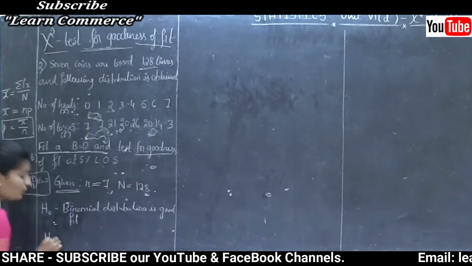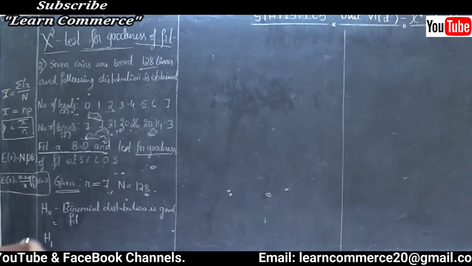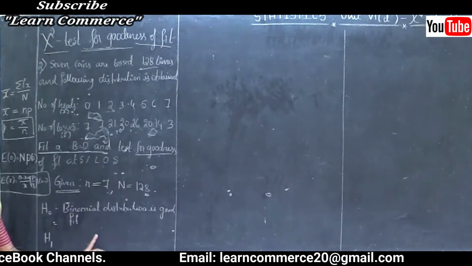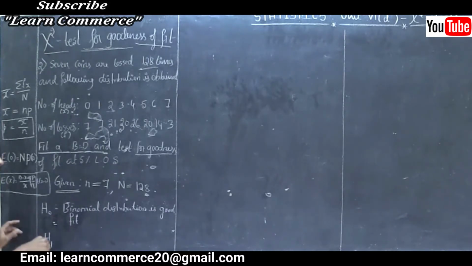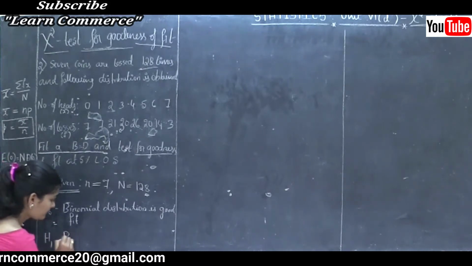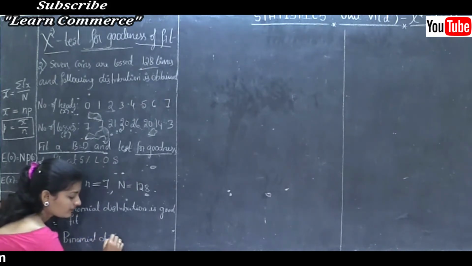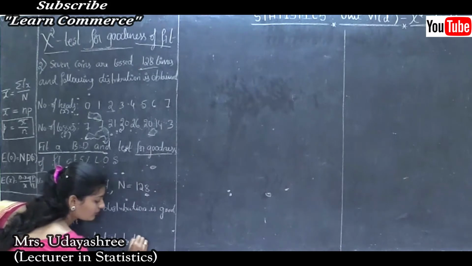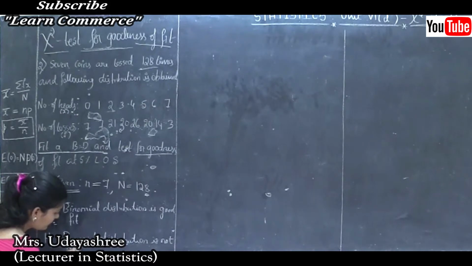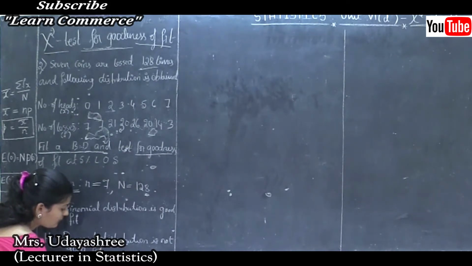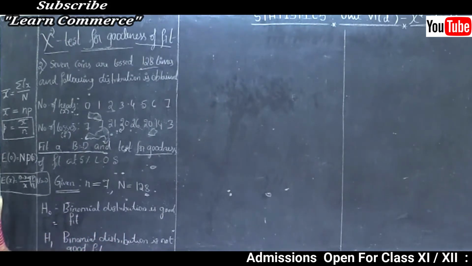As discussed in the previous section, the alternative hypothesis is a possible rejection of the null hypothesis, but in chi-square test for goodness of fit there is only one possible rejection, that is, the binomial distribution is not a good fit. So H naught is the binomial distribution is a good fit and H1 is the binomial distribution is not a good fit.